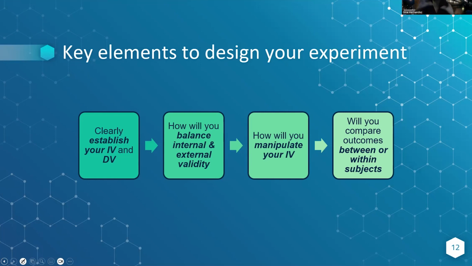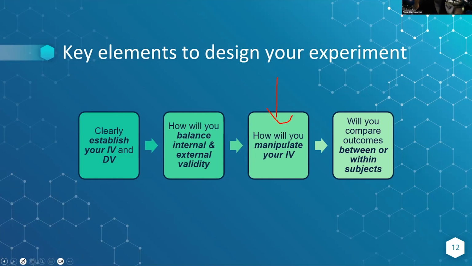You want to control for most of the confounding variables, but you don't want to make it so artificial that you are not able to generalize your findings. The third step is to know how you will manipulate your independent variable. Which treatments would you have? How many groups? How are you going to do the manipulation?